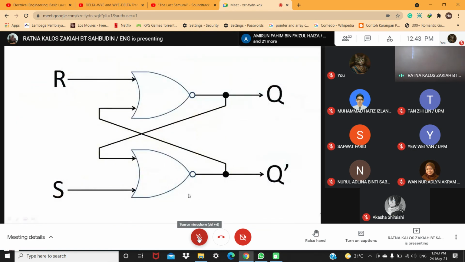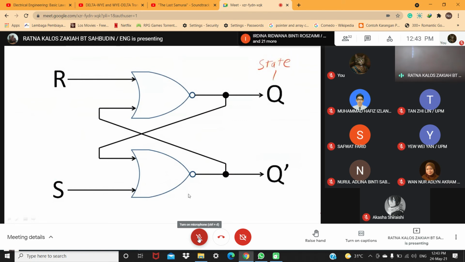The SR latch is the foundational sequential circuit that we use to build all other sequential circuits. The circuit is composed of 2 cross-coupled NOR gates, where the state that we are storing is called Q, and the complement of the state is stored in Q prime.